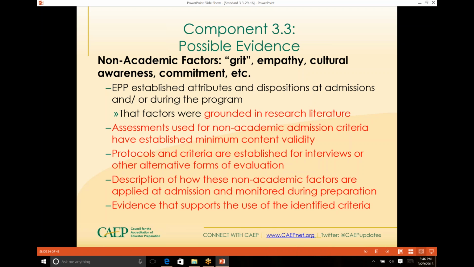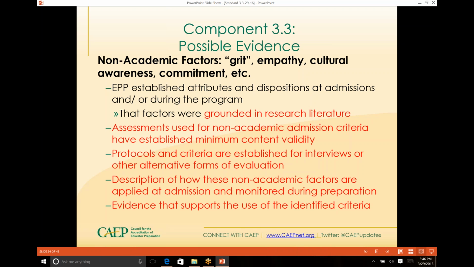So they want to see that if you are assessing these non-academic admission criteria, you have some content validity associated with that, that there are protocols and criteria established for your interviews and other alternate forms of evaluation, whether those are recommendations, video viewings, responding to a scenario in writing, essays, whatever. There are protocols and criteria established for evaluating those.